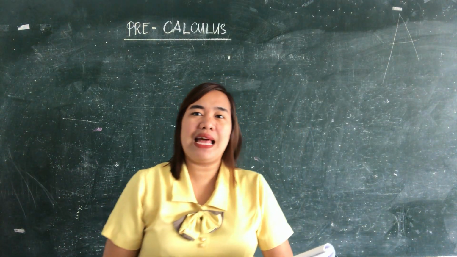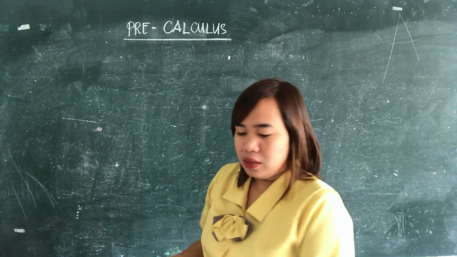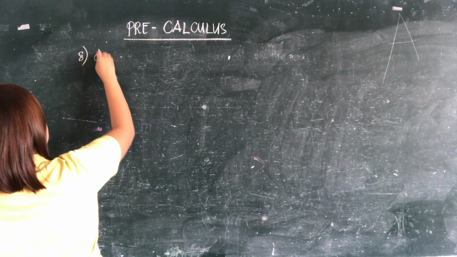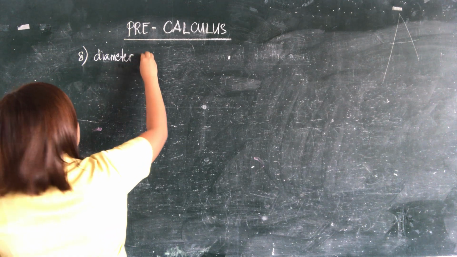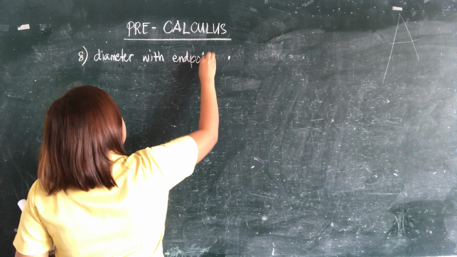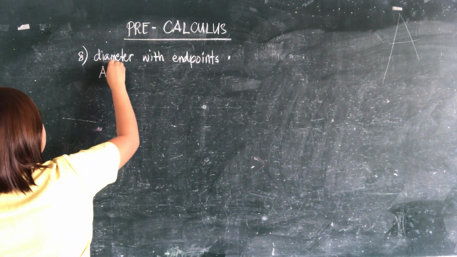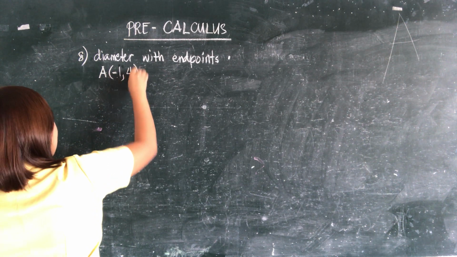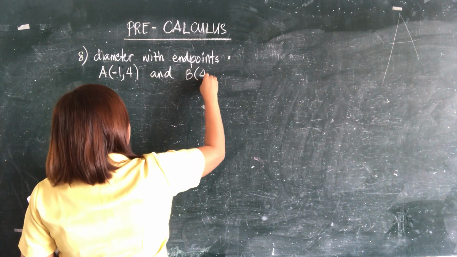So let's proceed to the last example, example number 8, that gives us the condition. It has a diameter with endpoints A, point A that gives us -1, 4, and B, 4, 2.